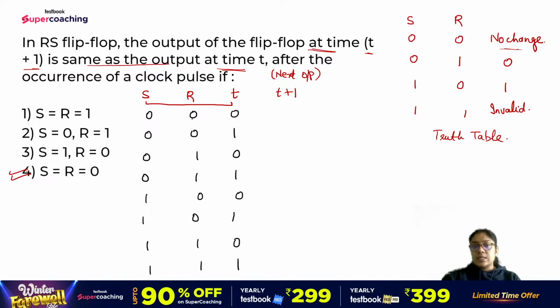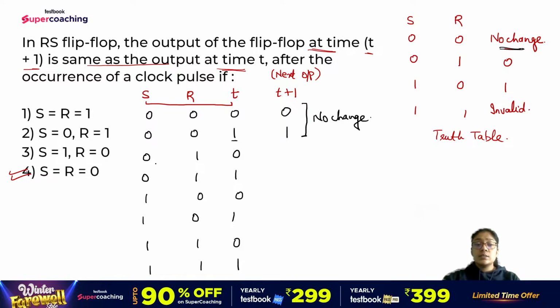Now, if S and R both are equal to 0, that means there will not be any change in the previous output. यानी कि अगर previous output 0 है, then the output will be 0. If the previous output is 1, then the output will be 1. So here it is not changing the output that we have obtained in the previous step.